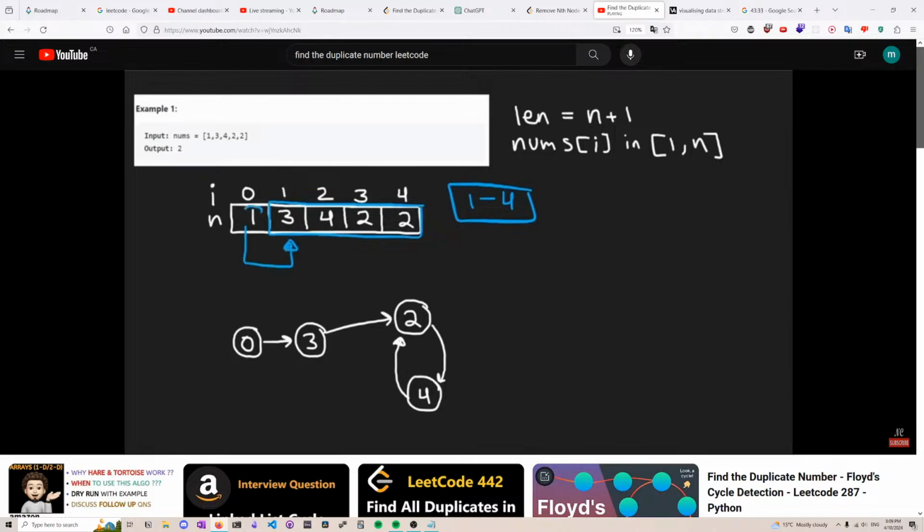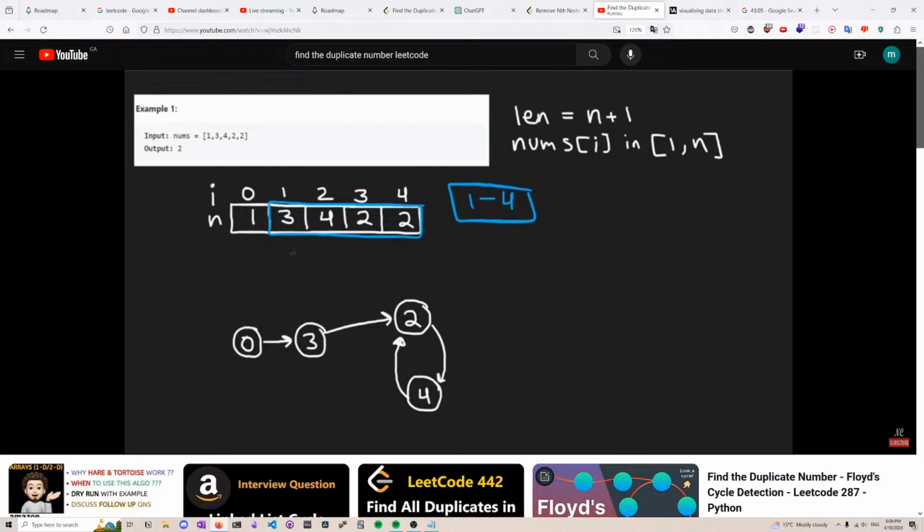You can see that this one points at position 1, this 3 points at position 3, this 2 points at position 2 over here, and this 4 points at position 4 over here, and then this 2 points back at position 4. So that's how you can kind of see that in that case there was a cycle, and you can see I basically drew out the linked list version of that.